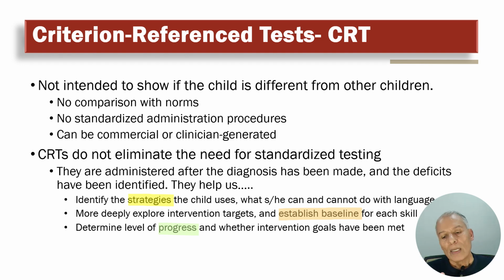Criterion-referenced tests do not eliminate the need for standardized tests. Criterion-referenced means that you have a set of criteria that you want the child to accomplish, and especially to perform.